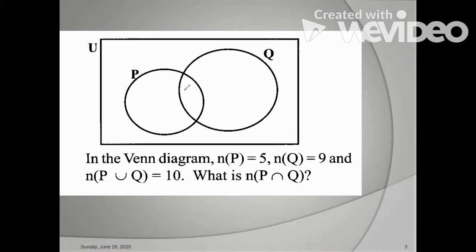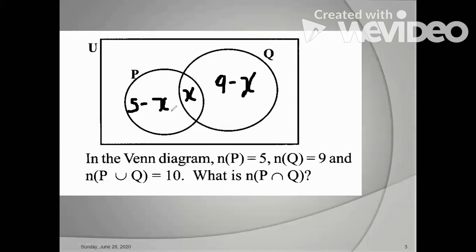We don't know, so let's call it X. If X is right in the center, then over here is going to be P subtract X, meaning we're subtracting what's common between P and Q from the total number of elements in set P. And over Q, we do the same thing: 9 subtract X.